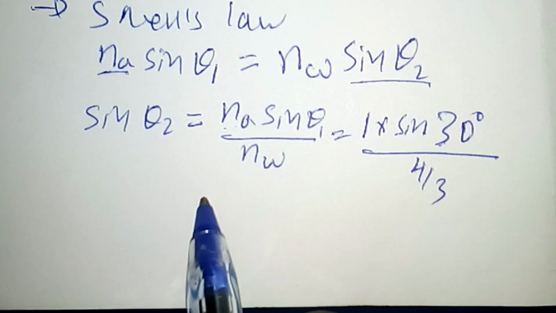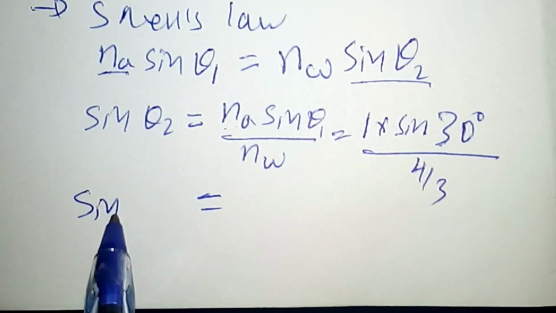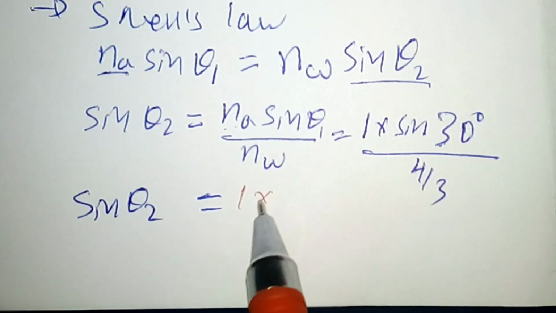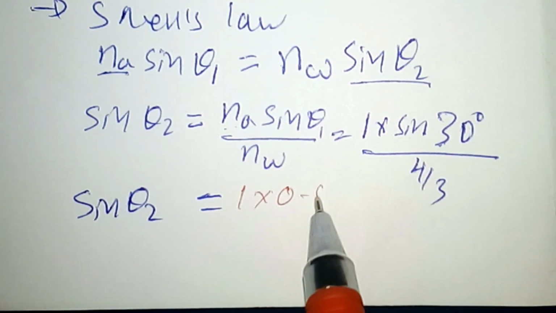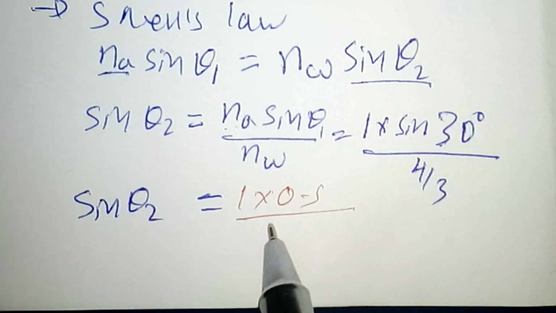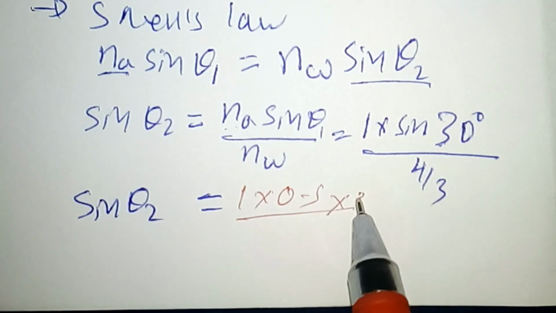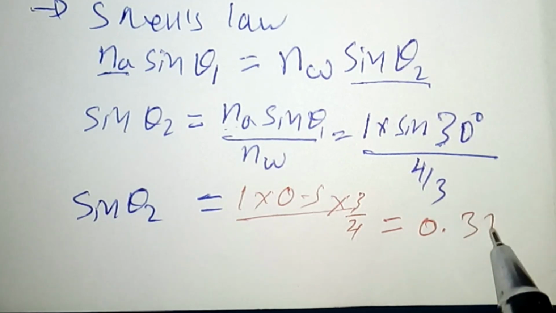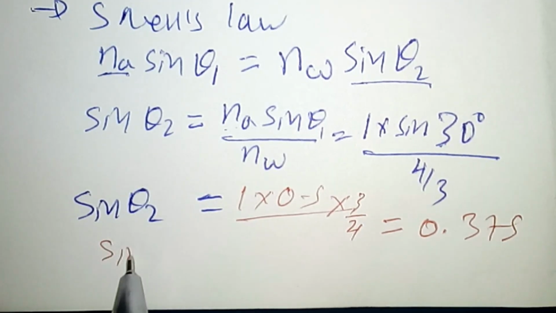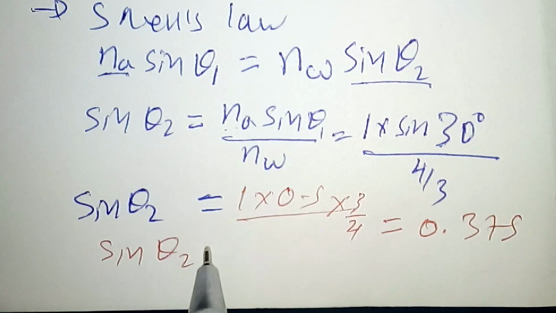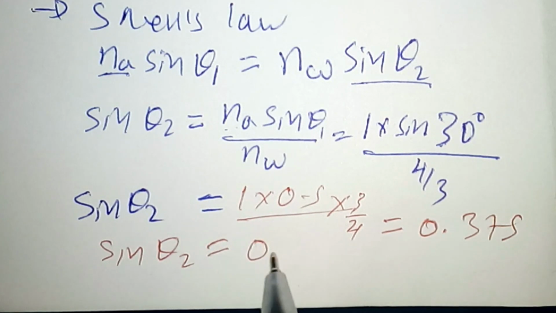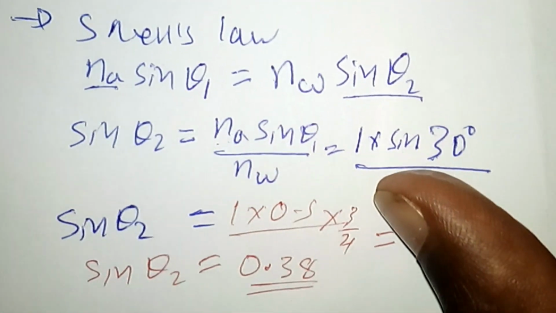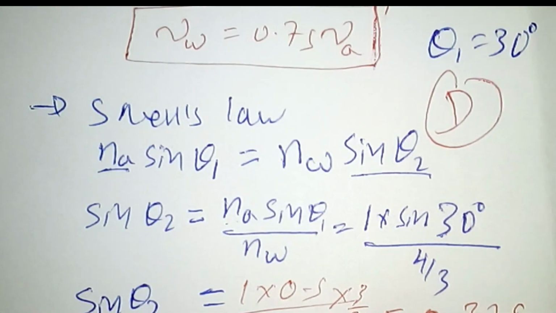If we rearrange this, sine of theta 2 becomes 1 times sine of 30 degrees, 0.5, divided by 4/3, which means simply times 3/4, and this number becomes 0.375. So approximately we can say sine of theta 2 is approximately equal to 0.38. So among the given alternatives, D is the correct answer.